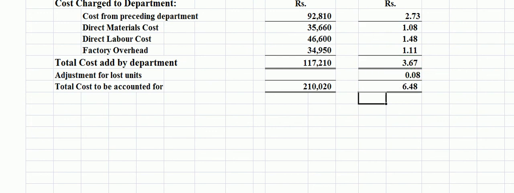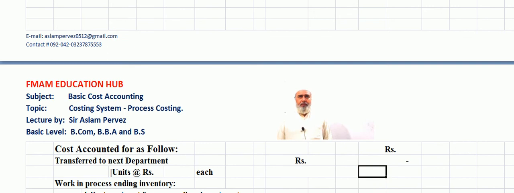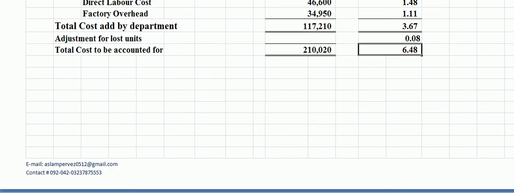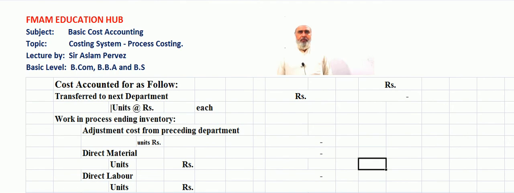This is the total cost per unit with both the departments, department 1 and department 2, department A and B. Now students, we move to the third section, cost accounted for as follows, in which we have to put the units completed and transferred to C department here, which is 30,000 units, and the unit cost is this 6.48.